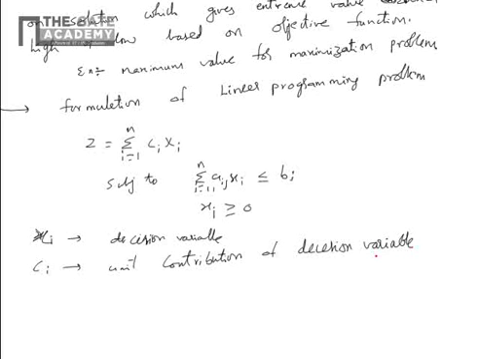This coefficient can be negative or positive, but the x value has to be always positive. Next, aij is the exchange coefficient of the variable in the ith constraint.